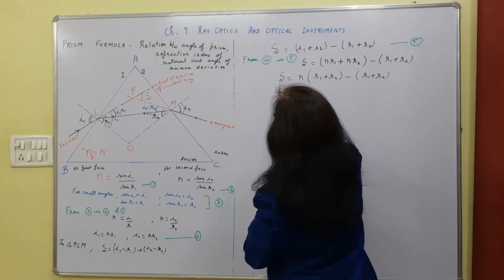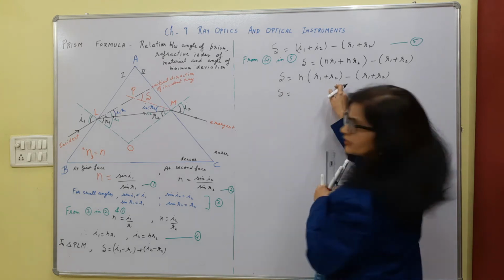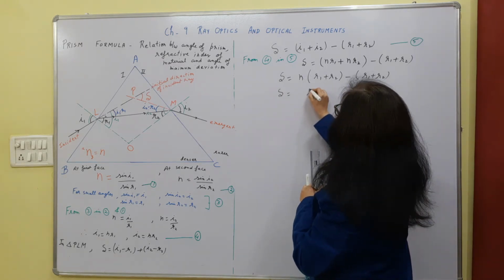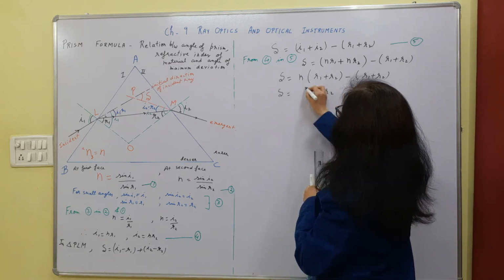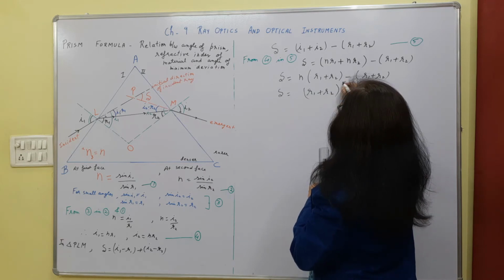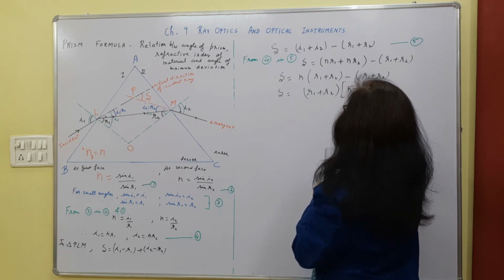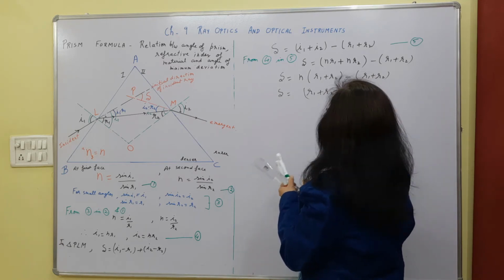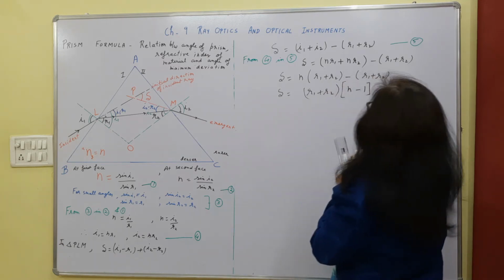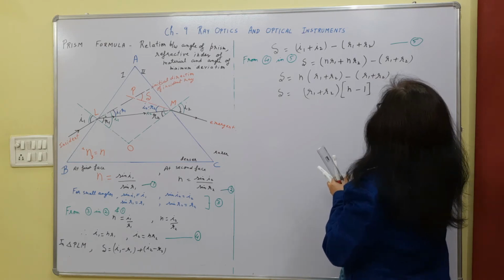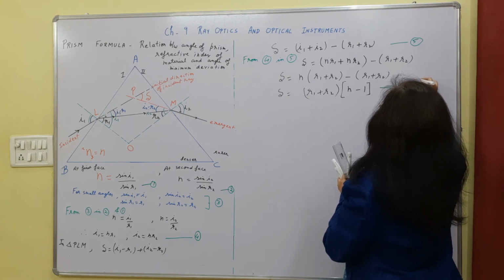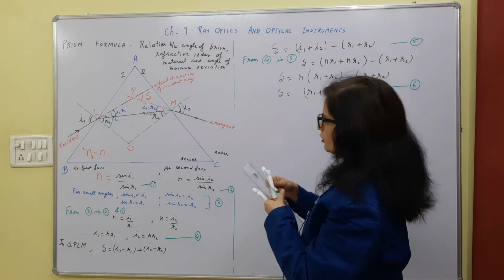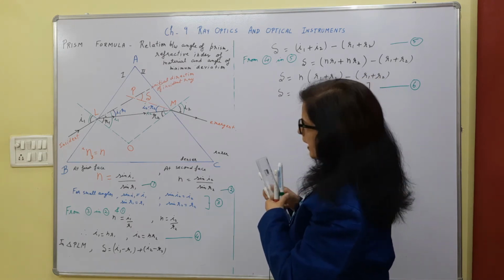Now from here I can take R1 plus R2 common, and here n minus 1 will remain, right? So this is another equation, equation 6.